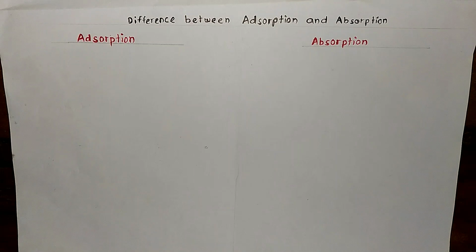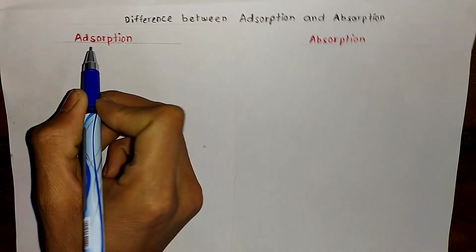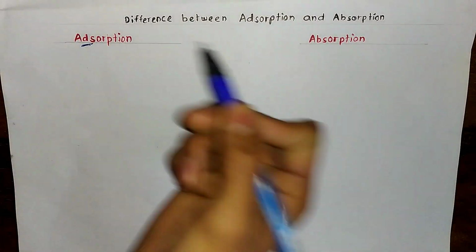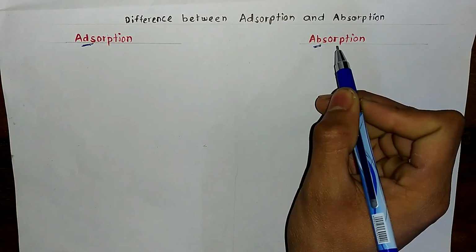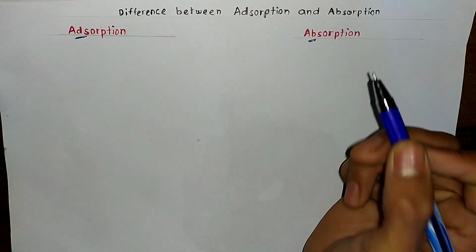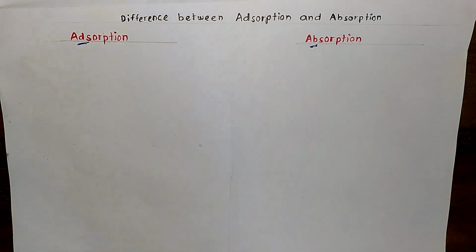See the difference between adsorption and absorption. There is a small difference in spelling: here is d and here is b. But this small difference, the concept is fully different, and this is the most important topic from the 12 board exam point of view.